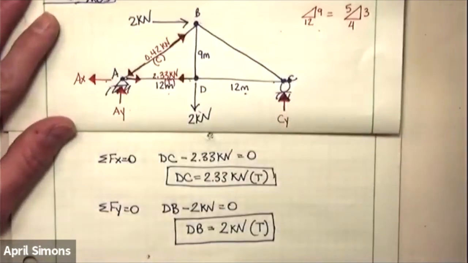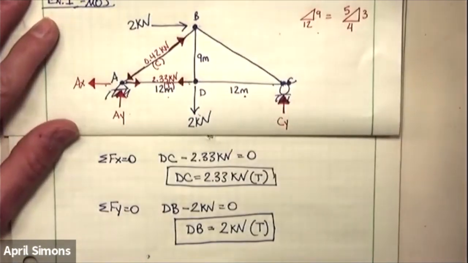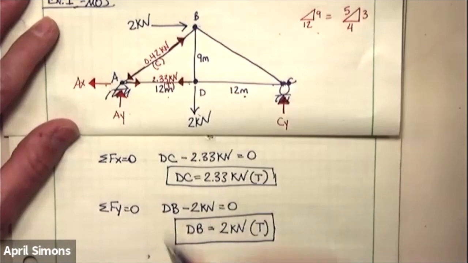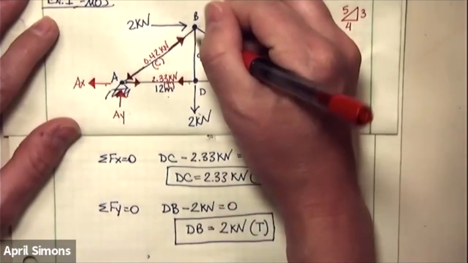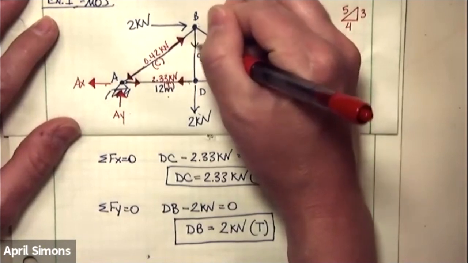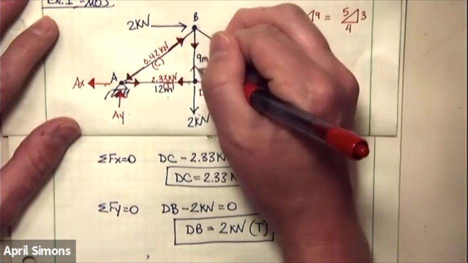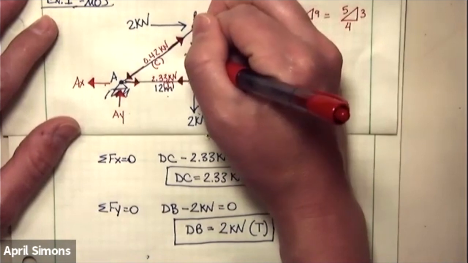Now we can go back to our force summation diagram here. And we want to put DC on there, show DC in tension. So arrows going away from the joints there for tension. And that was 2.33 kilonewtons.